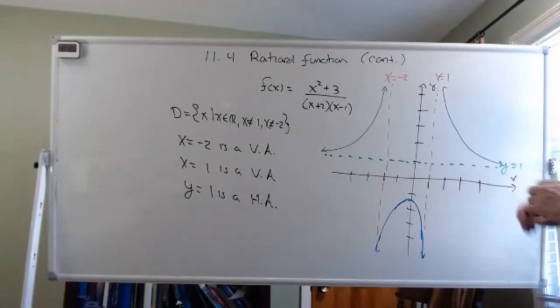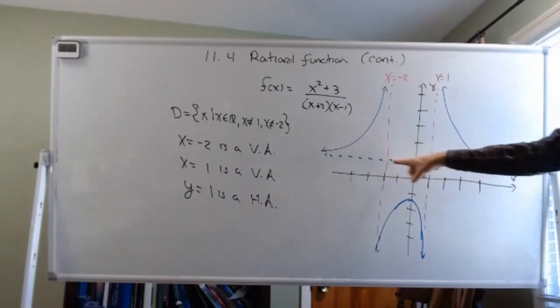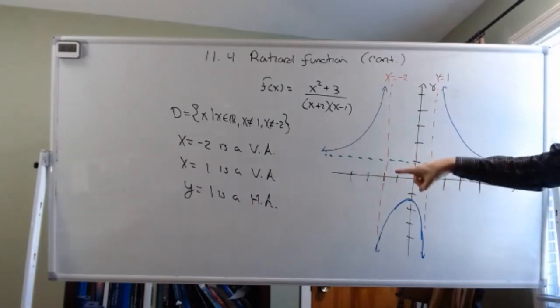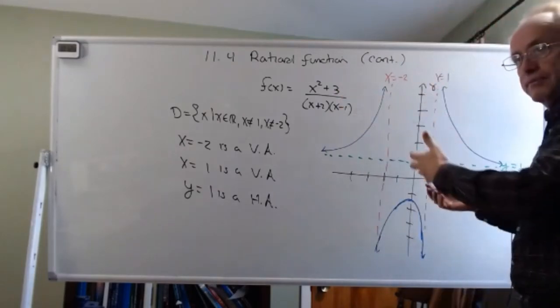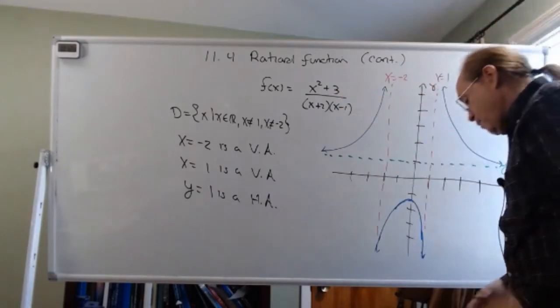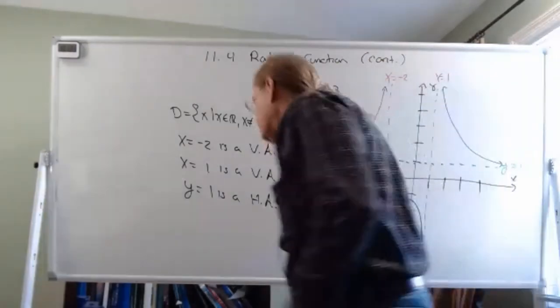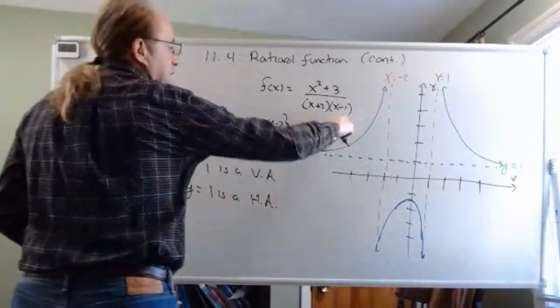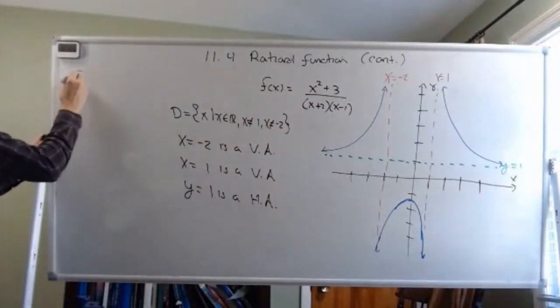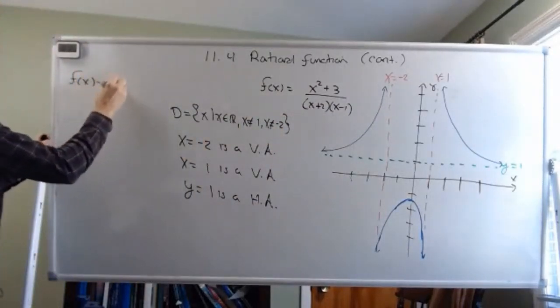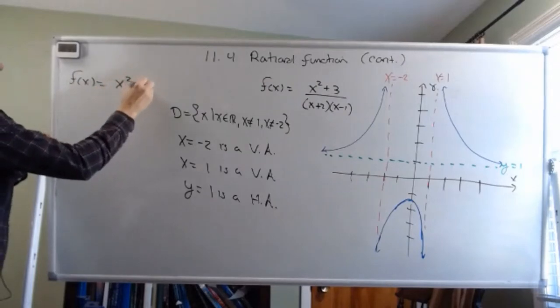Okay, the real question some of you may be having here is, how did I get my y equal to 1? Well, you can put in a table of values, but that's the long way. What I would do for this one is multiply the denominator out. So I'd rewrite my function. I have an x squared plus 3.